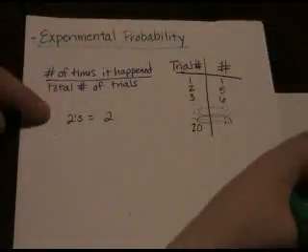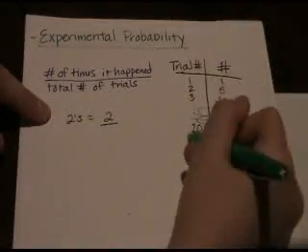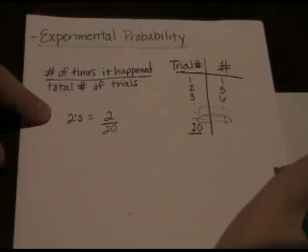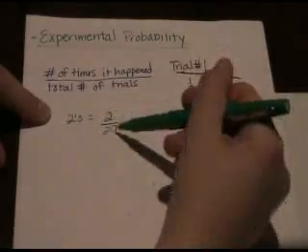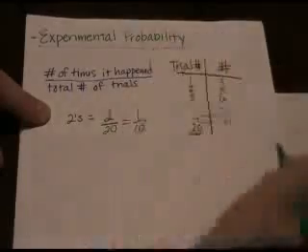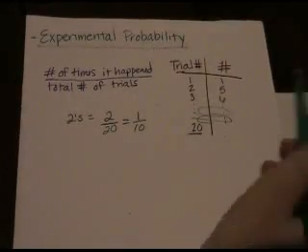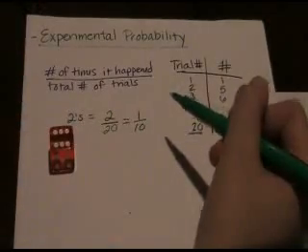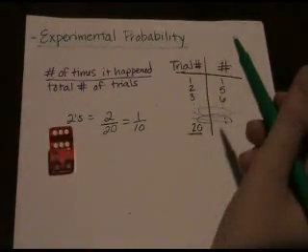And we say, okay, they showed up twice out of 20 total rolls. Well, then our probability, after we reduced it like we're supposed to, would be 1/10. So we would expect that out of every 10 rolls of our number cube, we would get 1, 2.